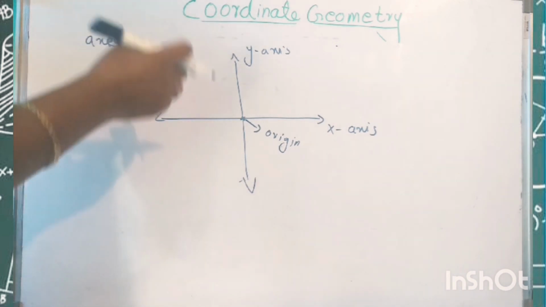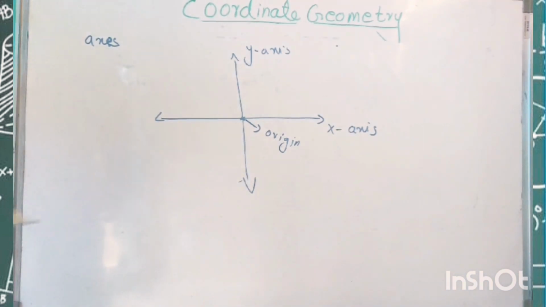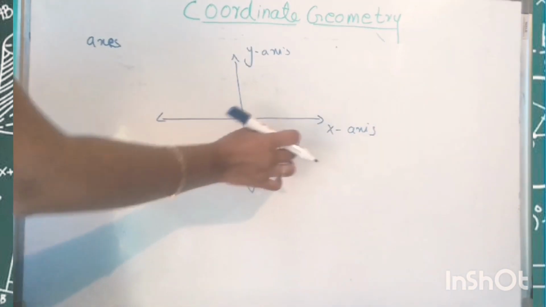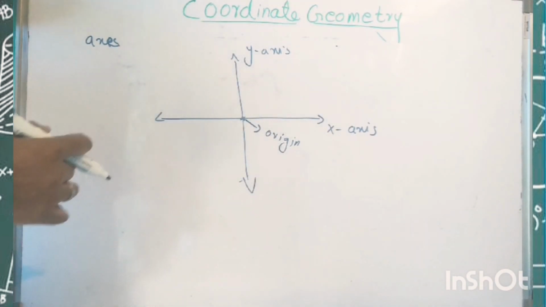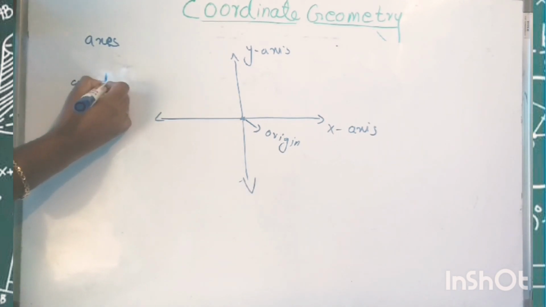We know that the x-axis and y-axis divide a plane into 4 equal parts, which are called quadrants.